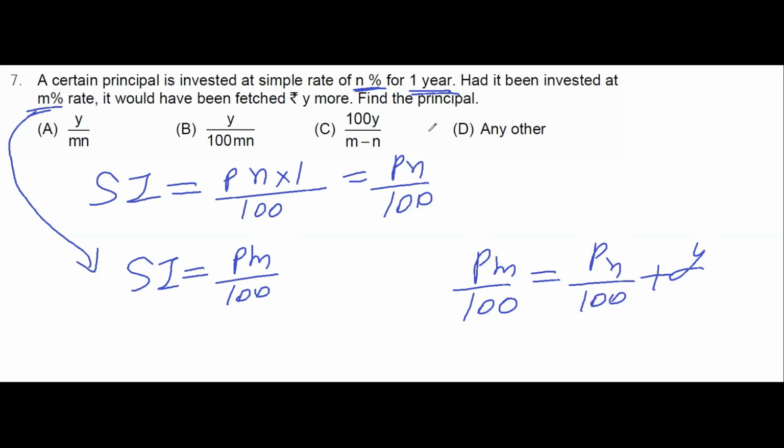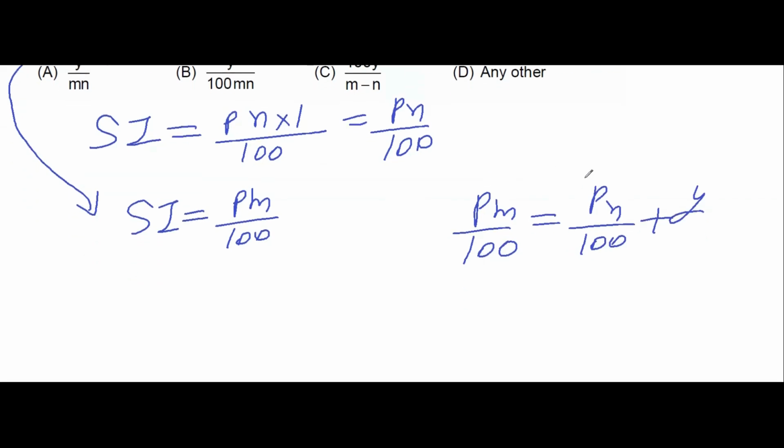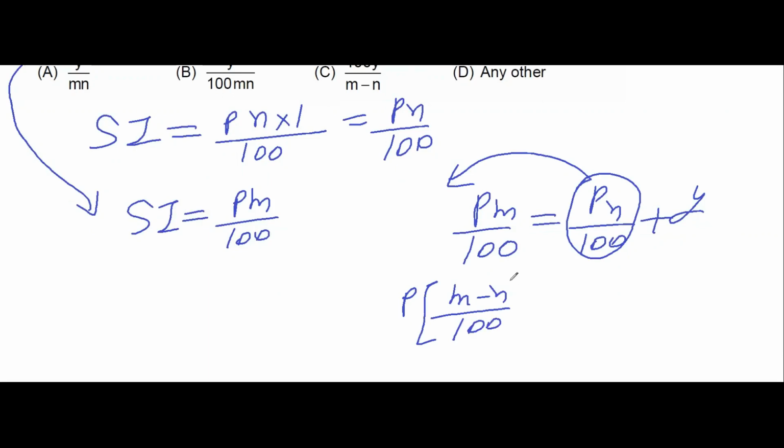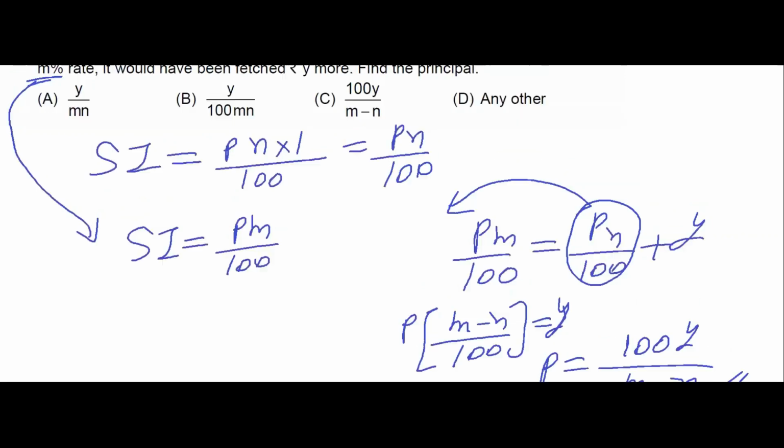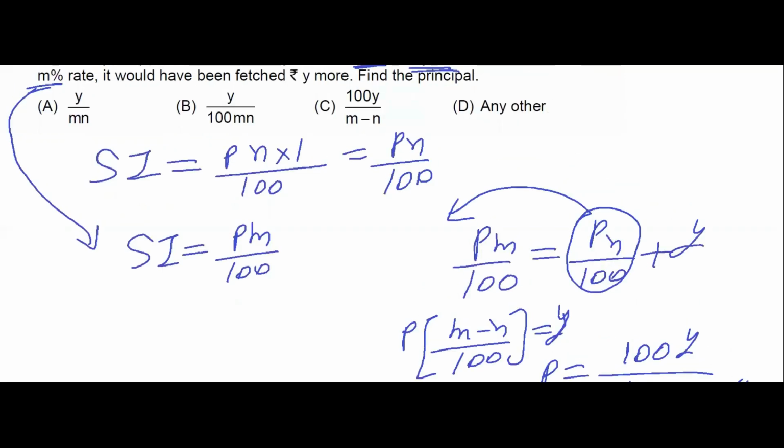Find the principal. I can take P common. I am going to transpose this here, and then take P common. I will get P times m minus n upon 100 is equal to y, and finally the value of P is 100y upon m minus n. So this is your answer. C is your correct answer. Understood?